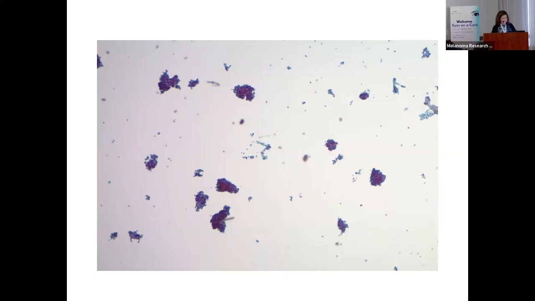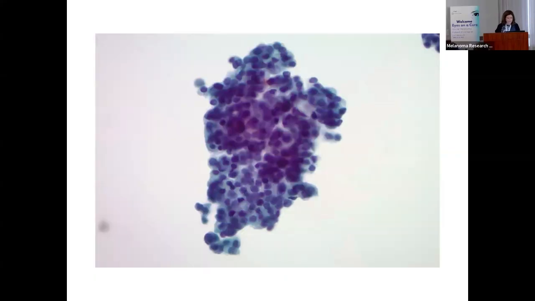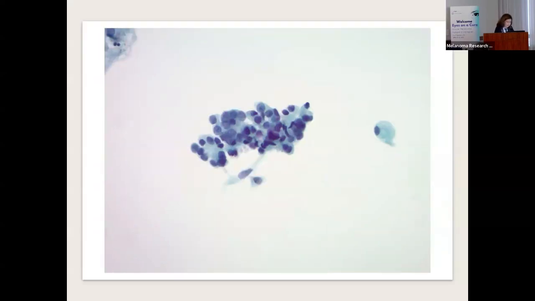So this is a very cellular specimen at higher magnification. There's not a single spindle cell in here, and there's none of those nucleoli we were looking for. There's some round cells, but it doesn't really look like a melanoma. Here's another higher magnification.